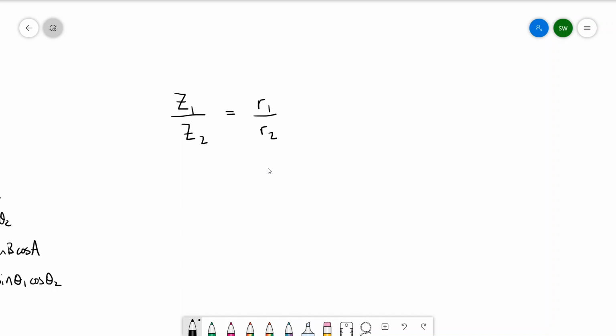So we divide the moduluses of complex numbers. And the argument of the division is going to be the argument of the first complex number subtract the argument of the second complex number.